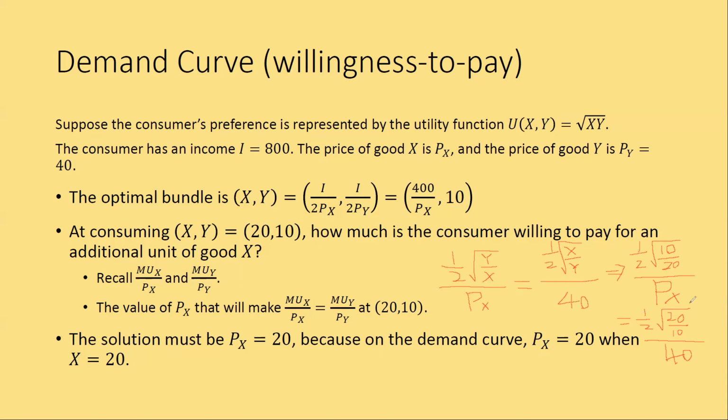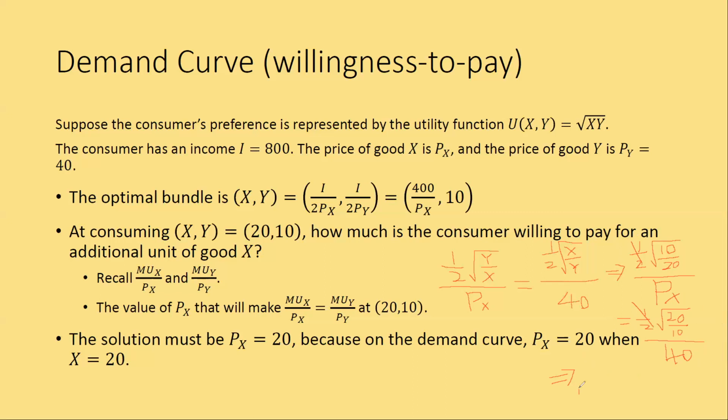So everything else is a number. The only thing that is unknown is Px. I'm going to cancel the half on both sides, and multiply 40 times Px to both sides.